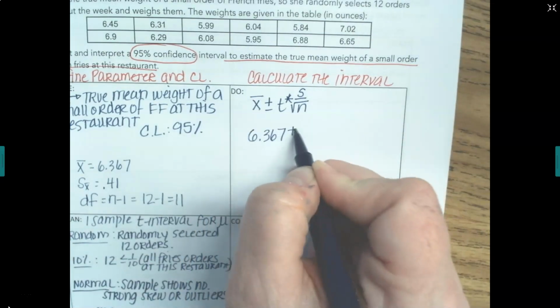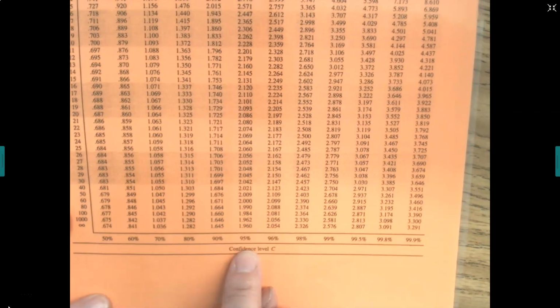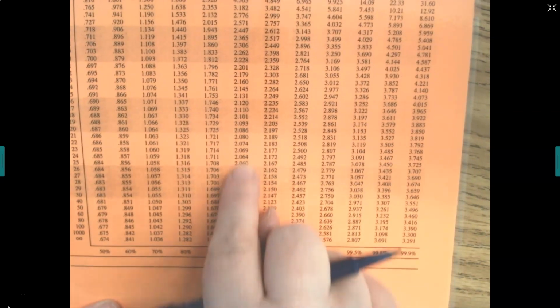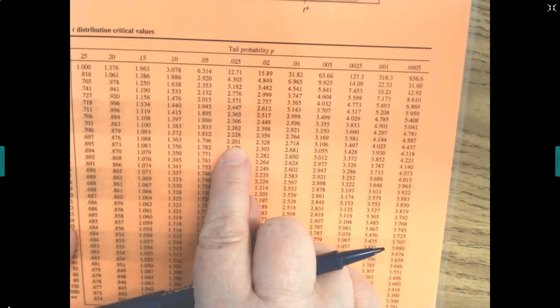So our x bar we calculated, and we have the number over here, so we get 6.367 plus or minus. We're making a 95% confidence interval with a degree of freedom of 11. Okay, so on my table B, 95%, and I'm going to follow it up until I get to 11, which is 2.201.